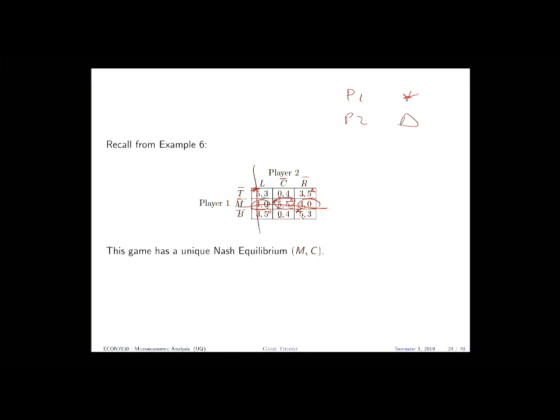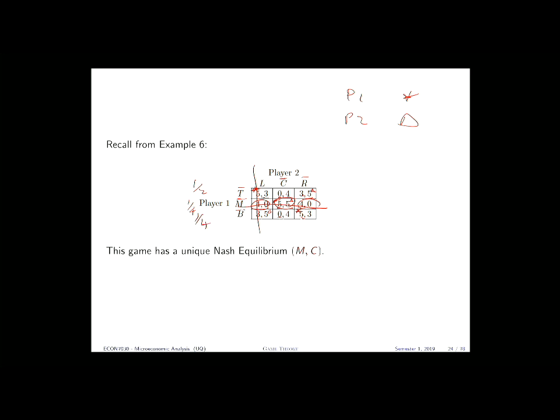But when we mix between strategies, it is possible that players play all their strategies. Therefore, we need to represent a probability for each of them. For instance, one mixed strategy here is half, quarter, quarter.